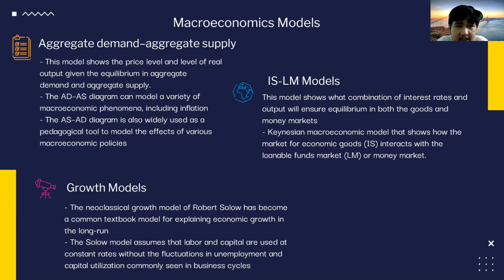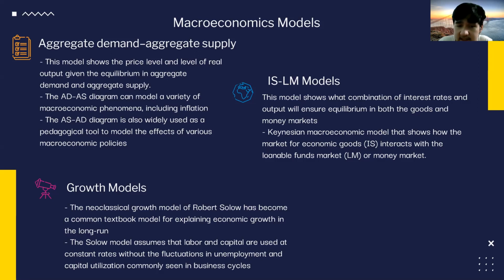The AD and AS, the aggregate demand and aggregate supply diagram, can model a variety of macroeconomic phenomena, including inflation. The AD and AS model has become the standard textbook model for explaining the macroeconomy. The AS-AD diagram is also widely used as a pedagogical tool to model the effects of various macroeconomic policies.